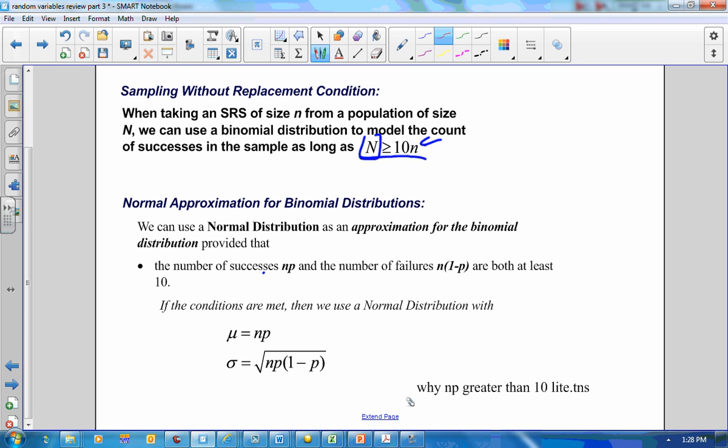If that holds, then the mean of our distribution will just be np, and the standard deviation will be the square root of np times 1 minus p.